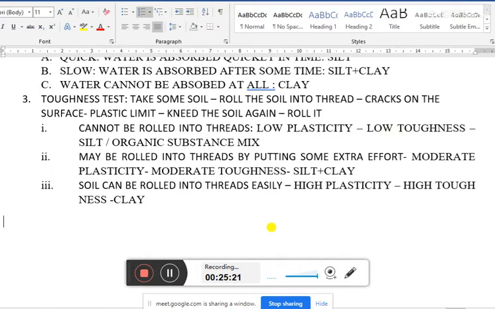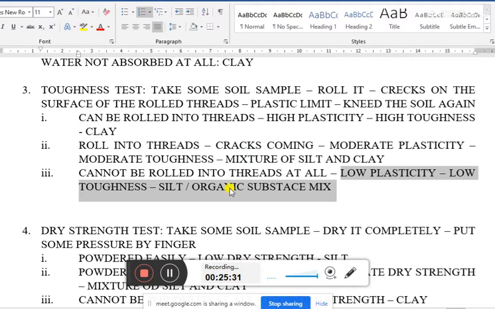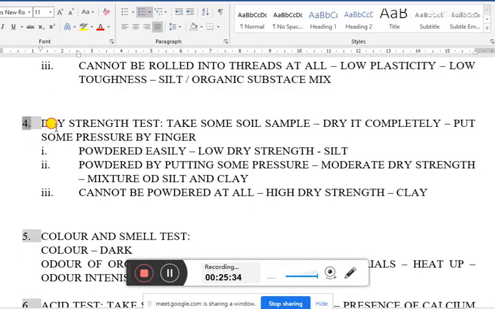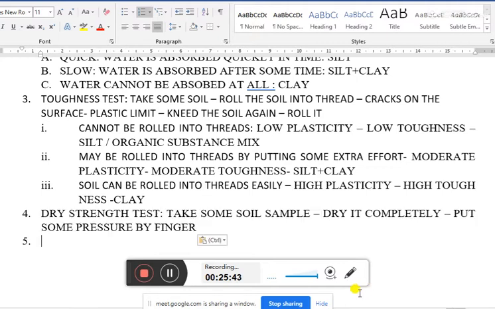Okay, now coming to the next test, that is the dry strength test. For the dry strength test, you have to take some soil and dry it completely in an oven.